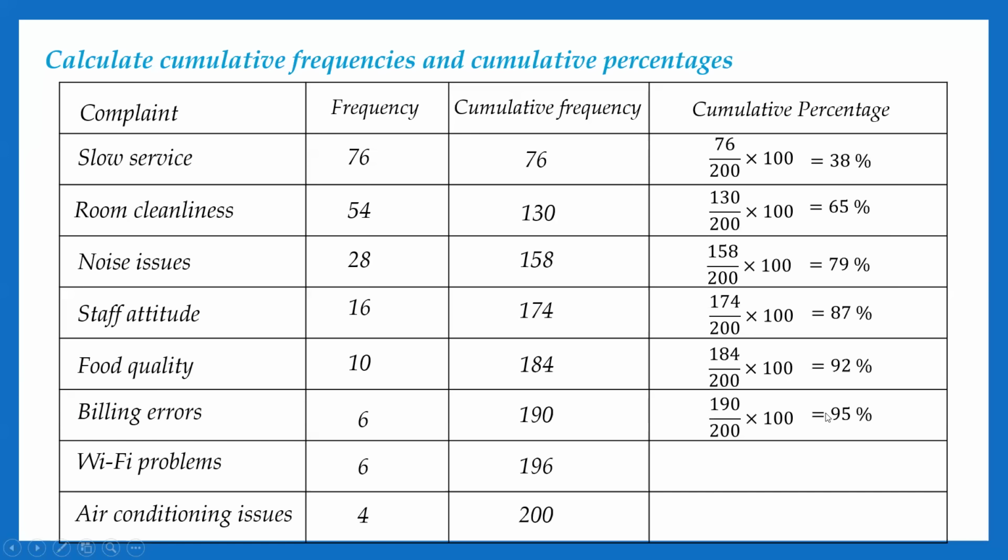Then 190 divided by 2 is 95. 196 divided by 2 is 98. The final value is 100. These are the cumulative percentages.